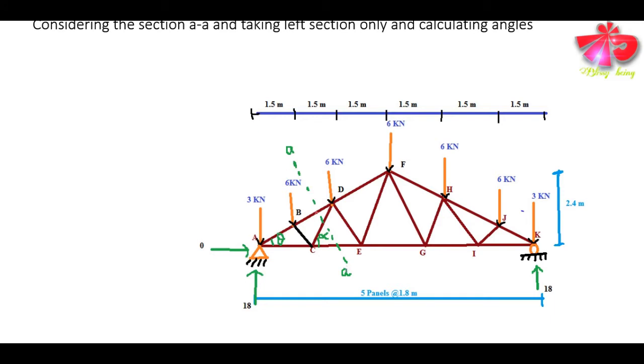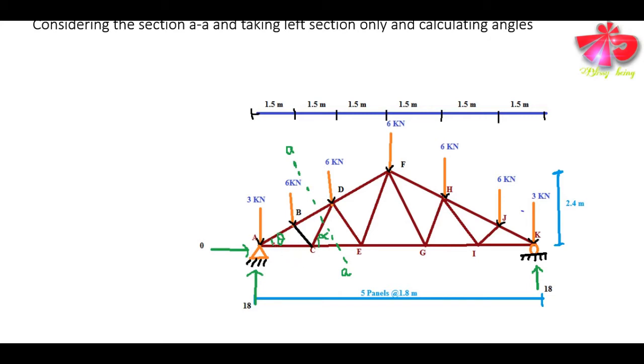Now friends, one thing we need to compute is to determine the angles associated with the given truss using the given geometrical figures. Here the angle alpha and the angle theta are to be determined.